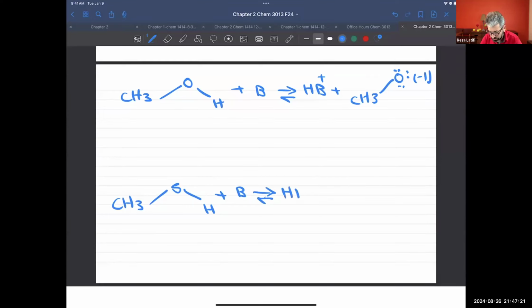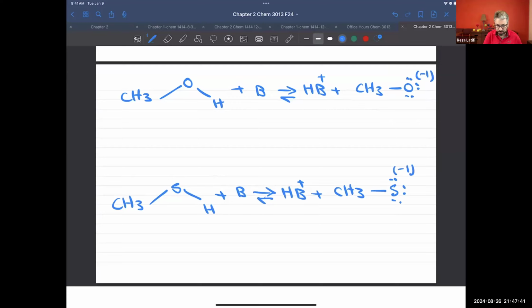We get HB and CH3 attached to sulfur, and sulfur has 3 lone pairs. I can draw the same thing for it here. This is oxygen with -1, and sulfur with -1. Remember, the size of the element decreases to the right side of the periodic table and increases down in any group. So sulfur has a bigger size than oxygen.